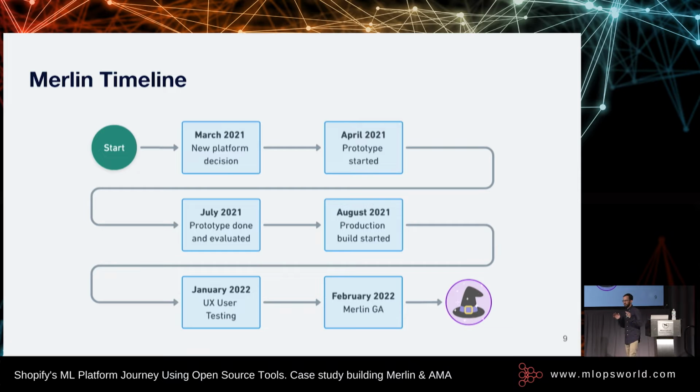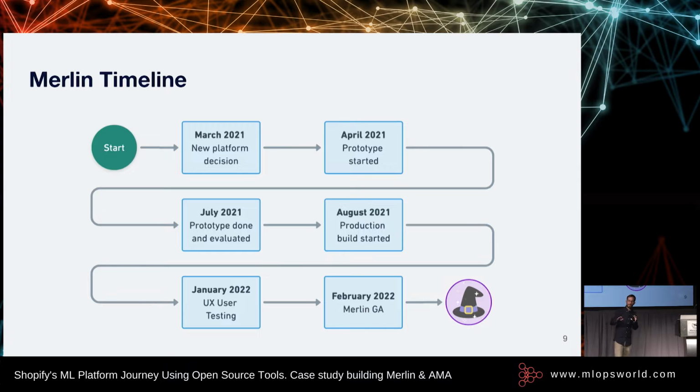The timeline for building Merlin started back in March 2021, where we made a decision to rebuild the platform. In April, we started prototyping with different tools and technologies. And then in August, we started building the actual production platform. In early February 2022, we released Merlin as general availability to all of our users.